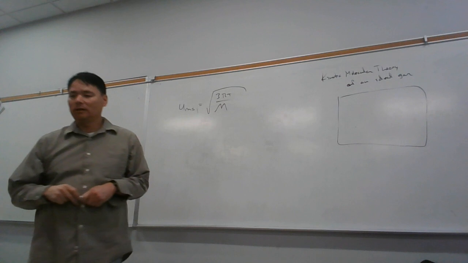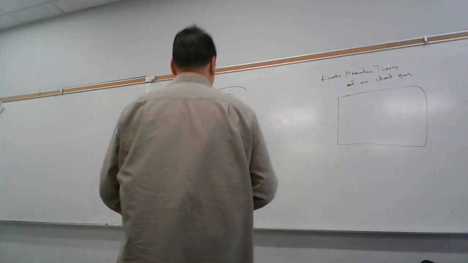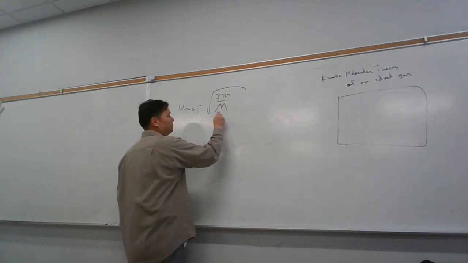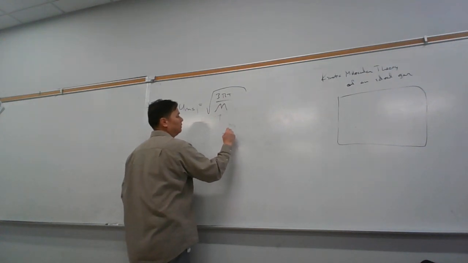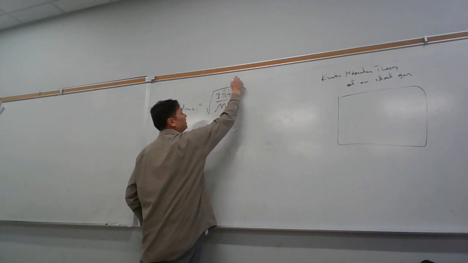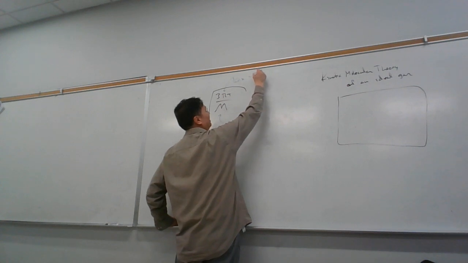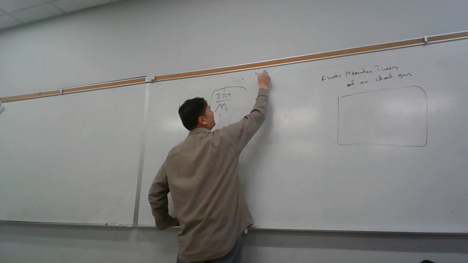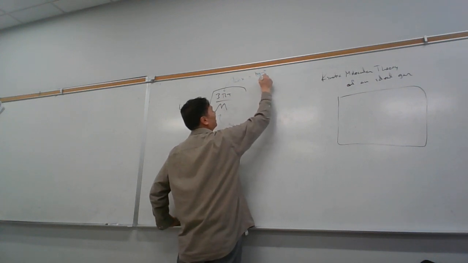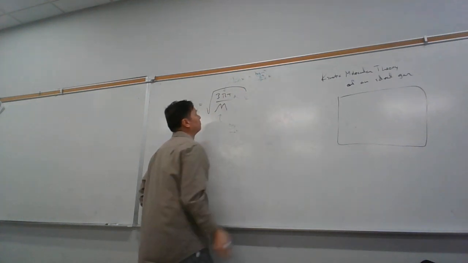So when we look at the units for this, the molar mass is going to be in kilograms per mole. R is going to be in joules per mole Kelvin, and a joule is the same thing as a kilogram meter squared per second squared. T is going to be in Kelvin here.